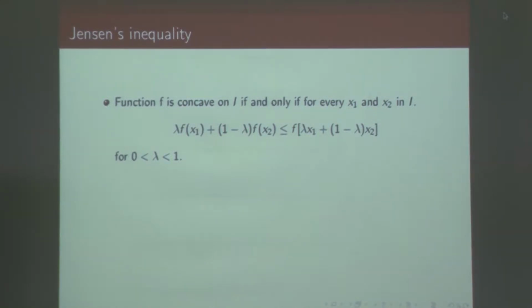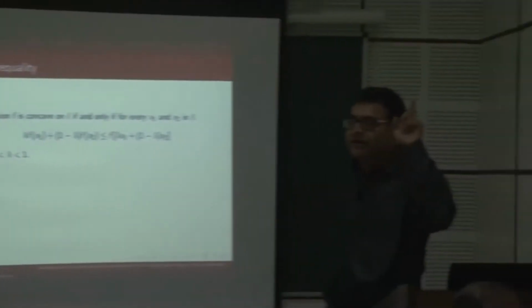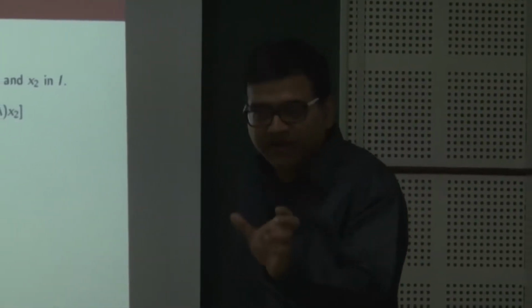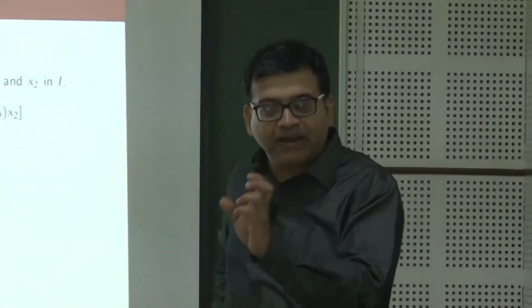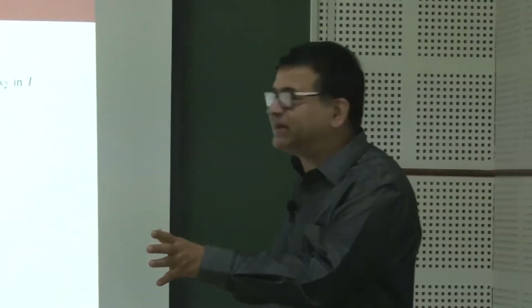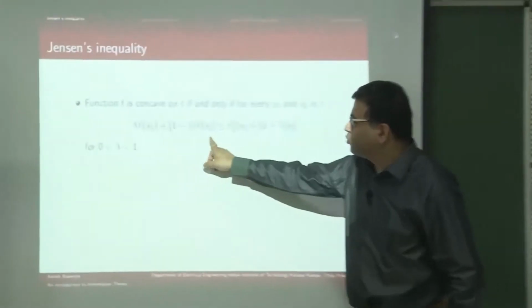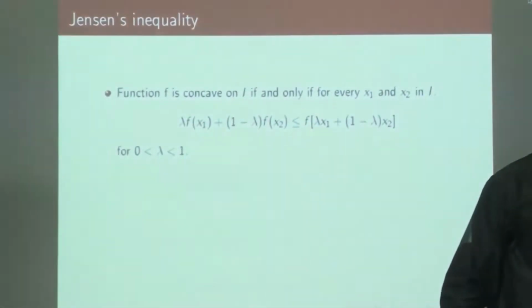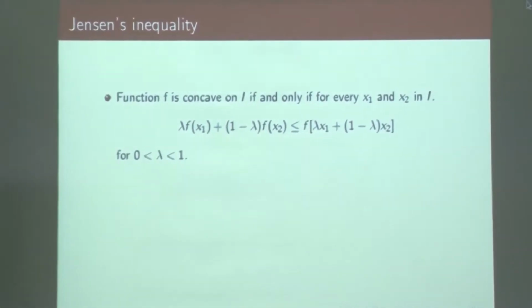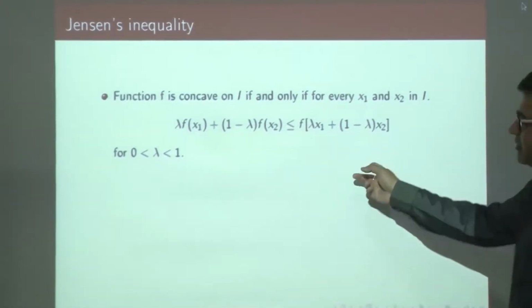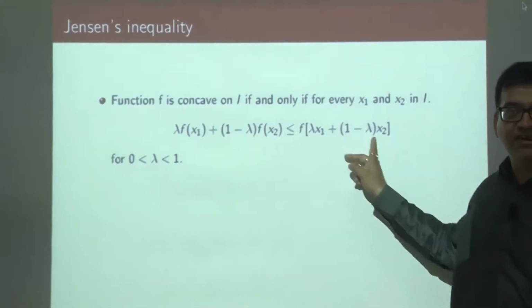So then what is the expected value of the function? It will be lambda times f of x1 plus 1 minus lambda times f of x2. So what I have here is the expected value of the function, and what did you have on the right hand side? The function evaluated at the expected value.